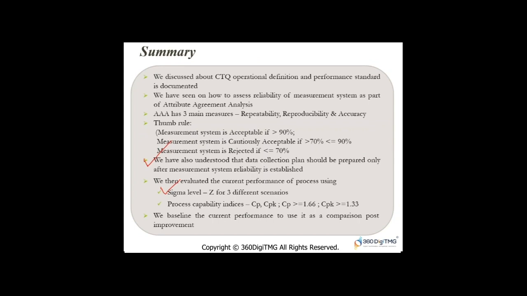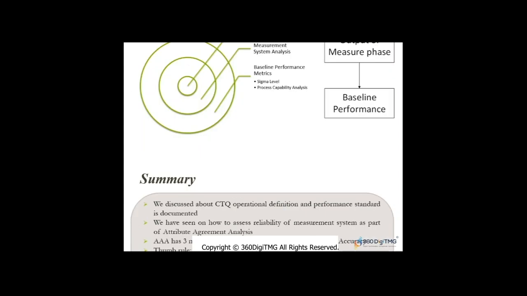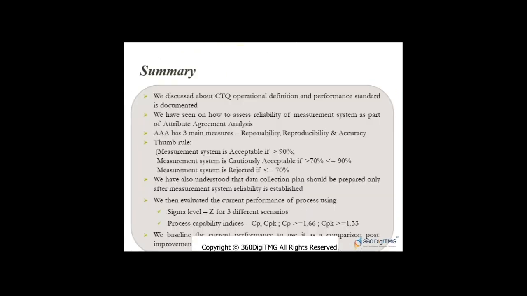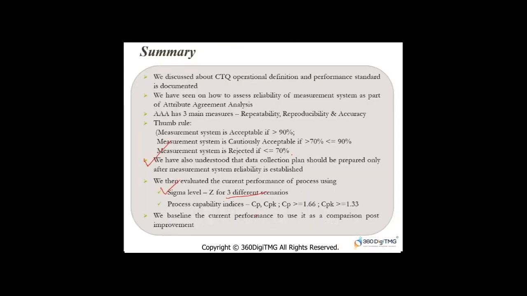If the data is attribute data, we have 3 different scenarios, and that is how we calculate. And also, we have process capability indices. You calculate using CP and CPK.